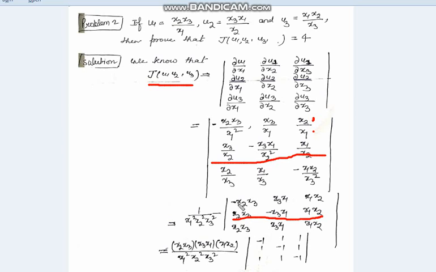So we can take from C1 the factor x2, x3 as a common. And similarly from column second, we can take x3, x1 common. And in the same manner, we can take x1, x2 from the last column. And we get this value.